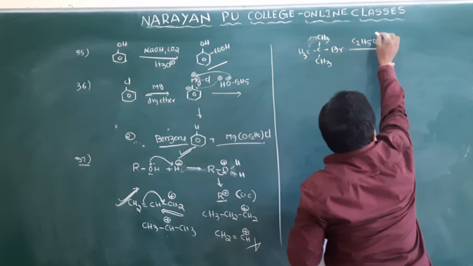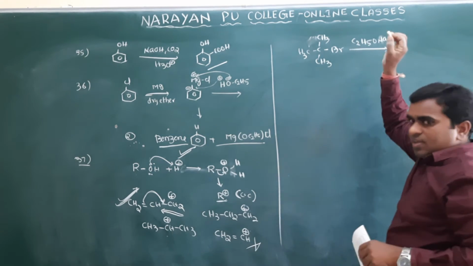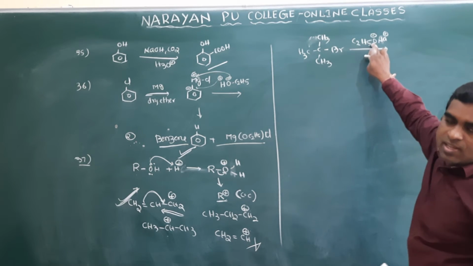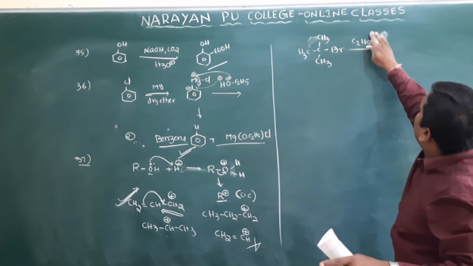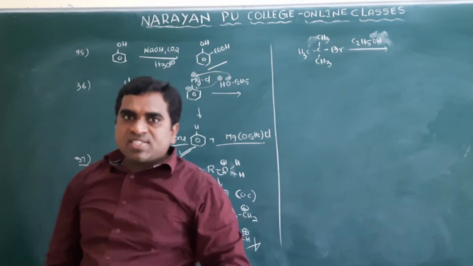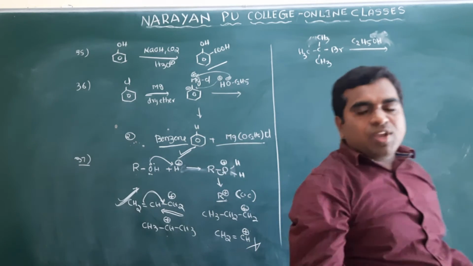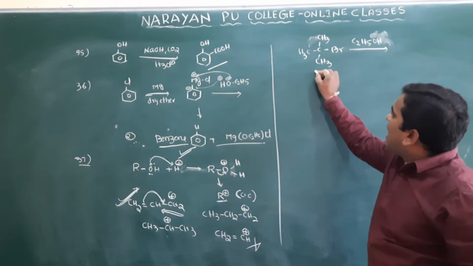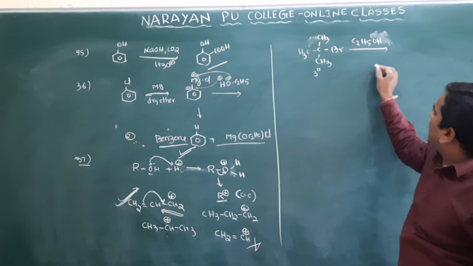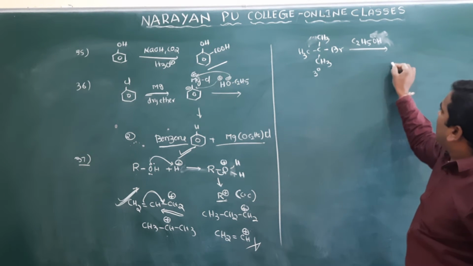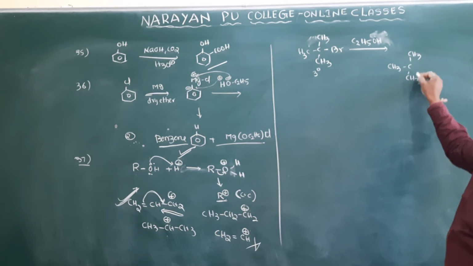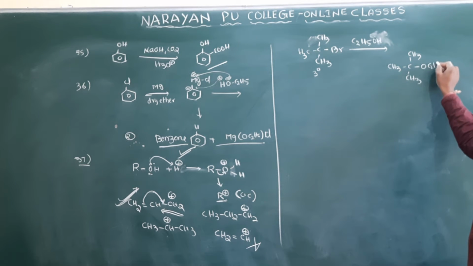Suppose there is Na, then it is Na plus and O minus, and then it is a strong nucleophile. But they have not given O minus here, they have given OH, which means it is a weak nucleophile. A weak nucleophile with a tertiary alkyl halide gives an SN1 reaction. So you will get the product here: CH3, CH3, HCl removed, and OC2H5.